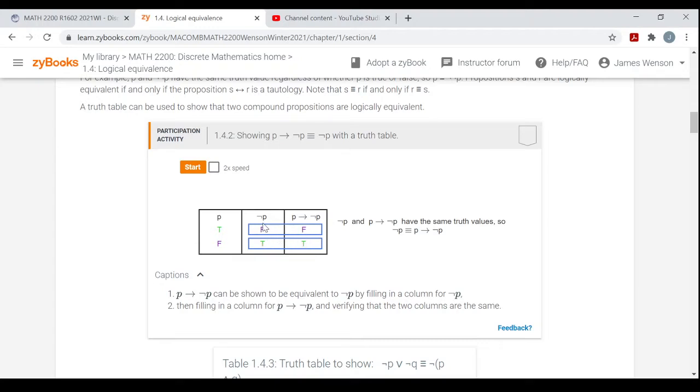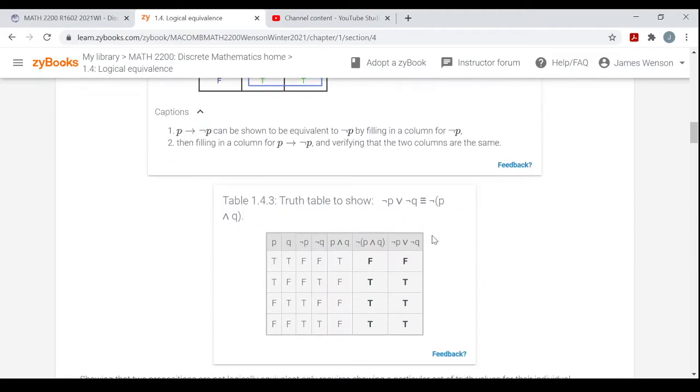So you see here how not P has false and true down here. And then P implies not P also has false and true. So that means that not P is logically equivalent to P implies not P. And they've written that over here with the triple equal sign. All right, so I'll let you play that animation.